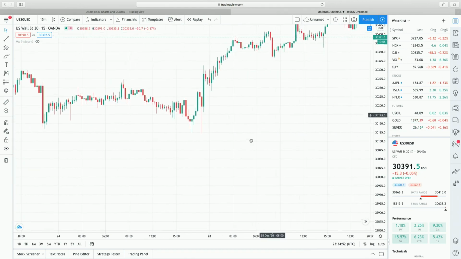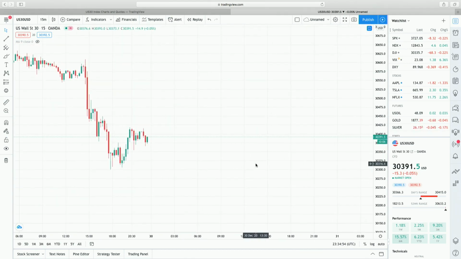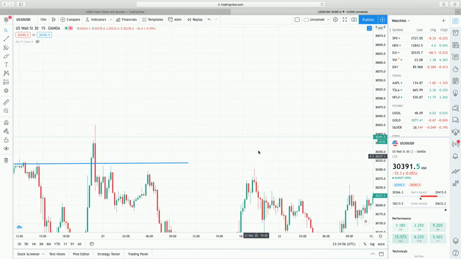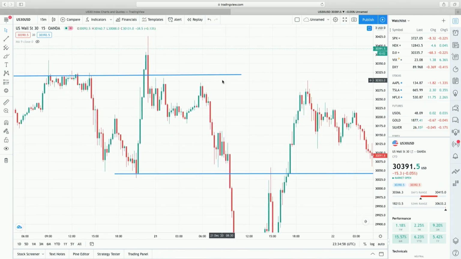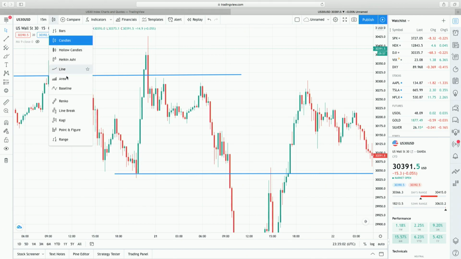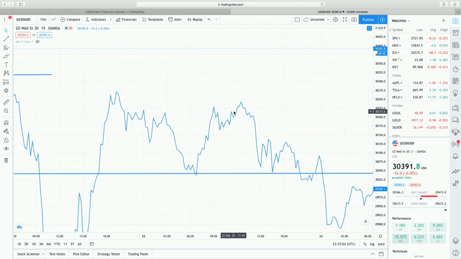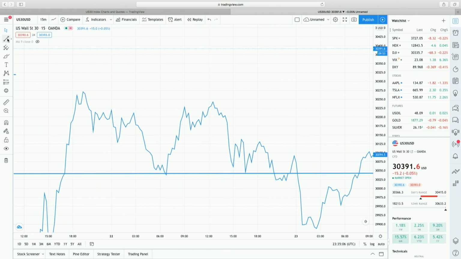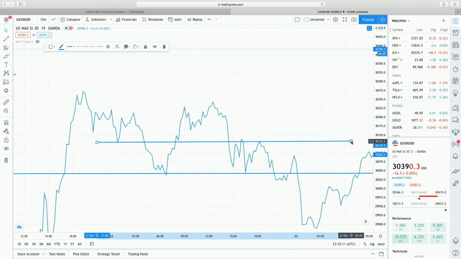Essentially, the point I want to get across is that support and resistance are places where the market could not push through, either up or down. Like I said, go to the line chart and you'll see it a lot more clearly. For example, this right here is a point where the market touched, could not break through below, and then here it had trouble breaking through above.